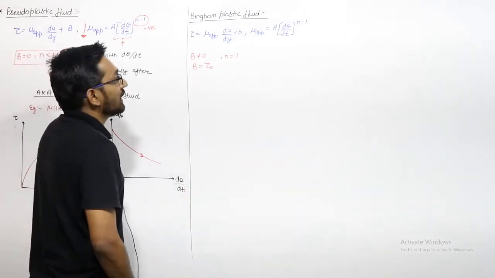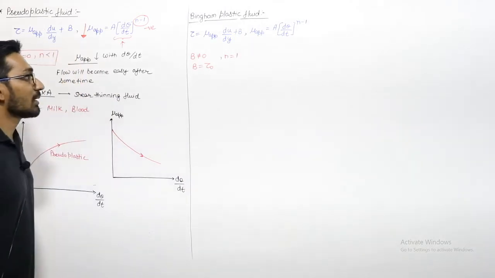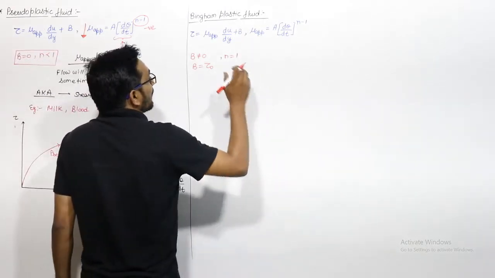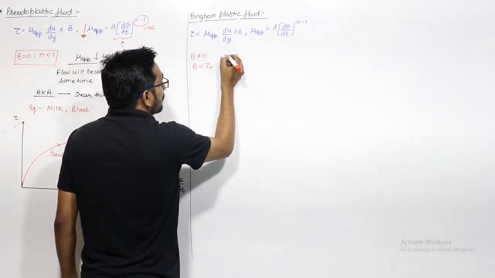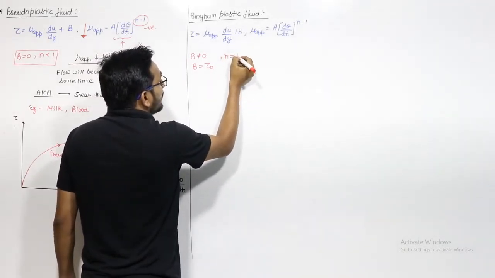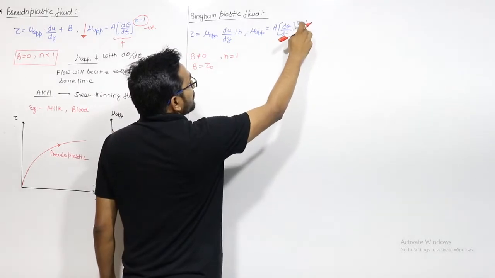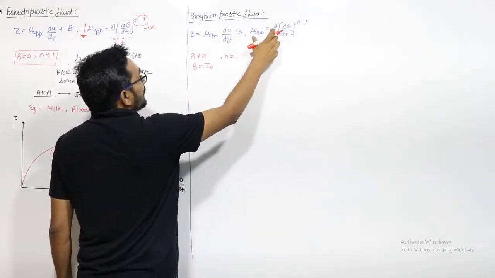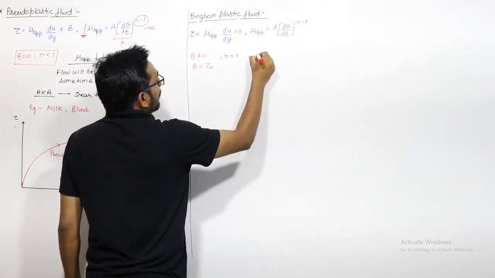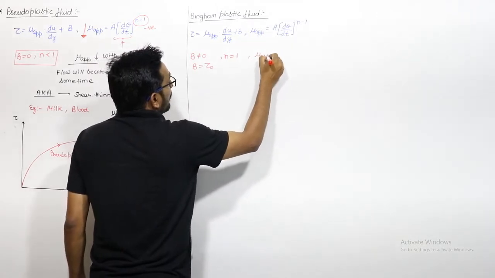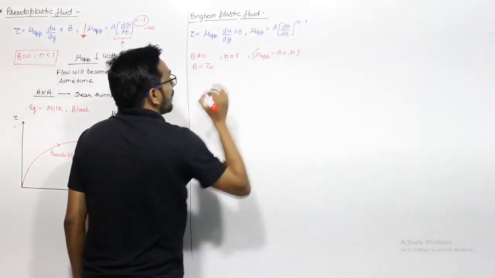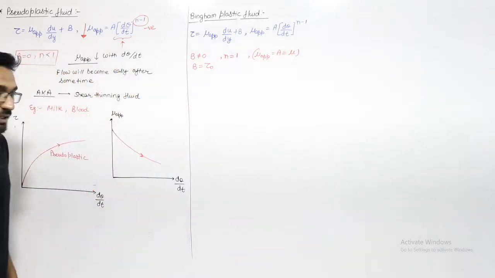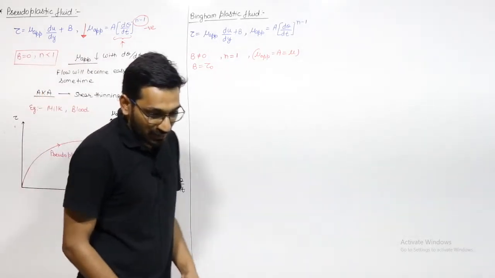So if n is equal to 1, this will be 1 minus 1, which is 0, so mu apparent will be equal to a, or it will be equal to mu only, the dynamic viscosity only.